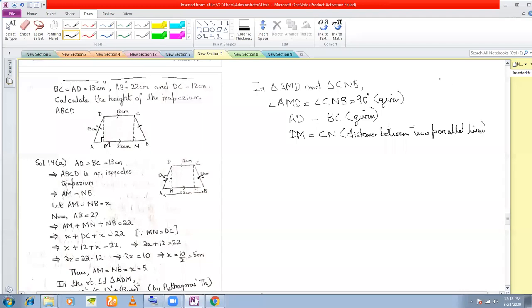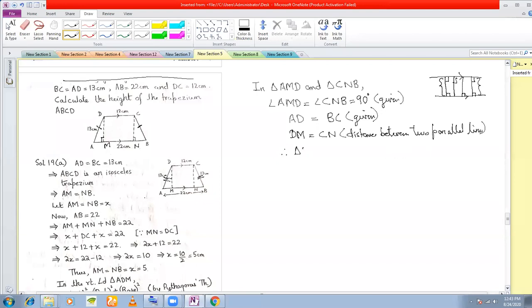Isn't it? If I have two parallel lines and if I join this, then this distance, whatever this length is, it has to be equal to another perpendicular. Because all distances will remain the same whether you draw this or this or this, right? Therefore, I can write DM is equal to CN.